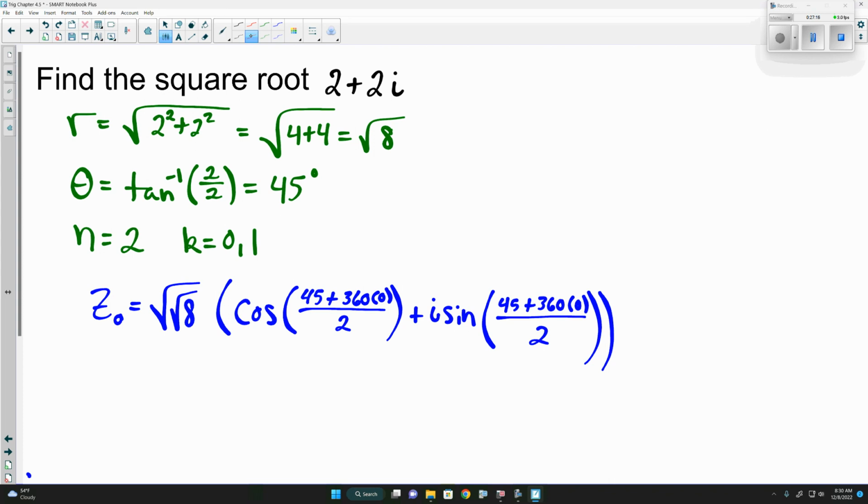I just don't see the point of that. Does that make sense? Now, for this here, square root of 8. So off to the side, well, the square root of 8 is the same as 8 to the 1/2.